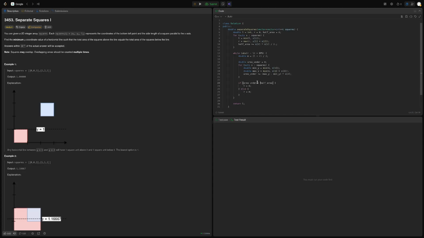We return L. Now actually we have to correct this, so if this minus total, so area under is over 1e-6, so epsilon, this should work, I think. Const double epsilon.